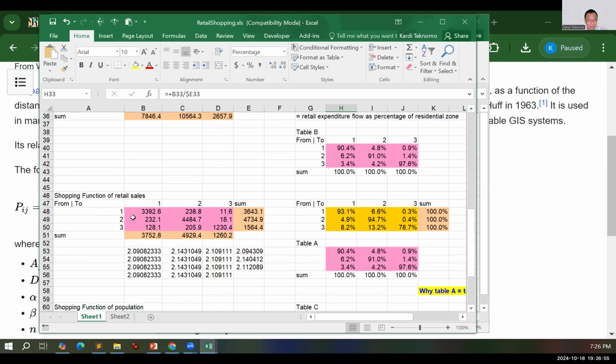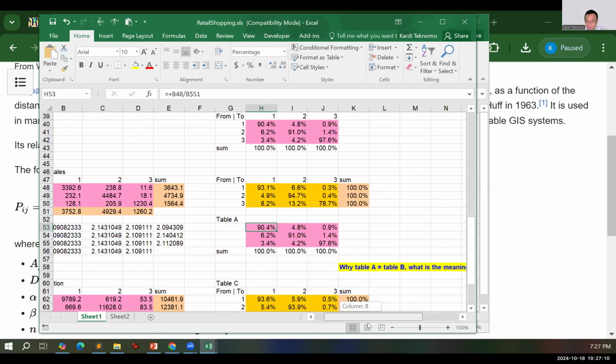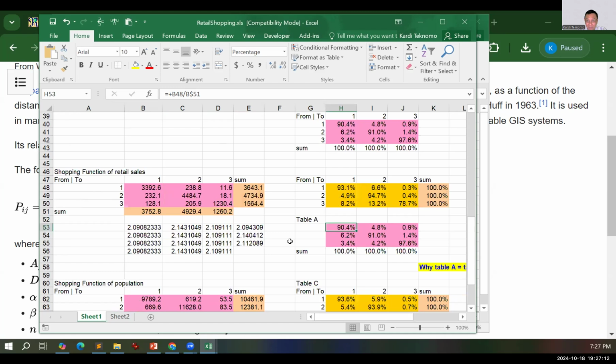Same thing here, as retail sales you can get, and then you can calculate the probability. I'll name this table B and table A, but I still have some problem. I don't know why this is exactly the same.